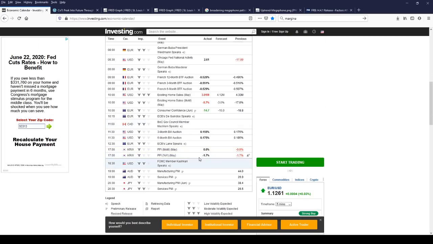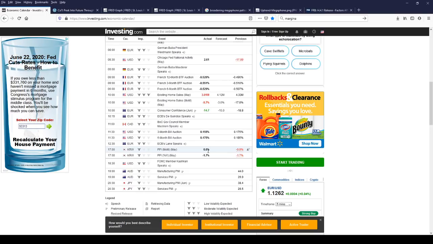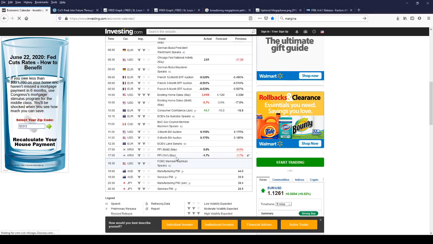Month over month, it improved from minus 0.9 to 0. That's not great, but hey, it gives you some sense of optimism if you're looking for some sort of recovery. Not a lot. But producer prices, this is prices coming out of the factory, and here's the key: minus 1.7% the prior month, minus 1.7% year over year in May.